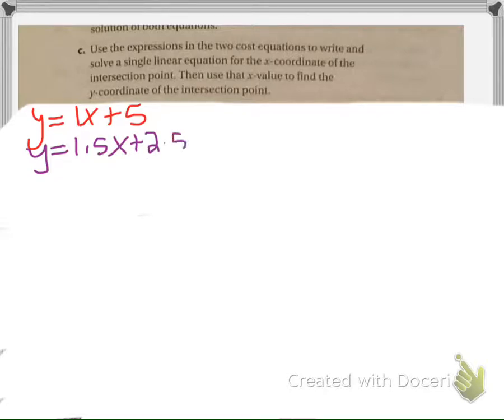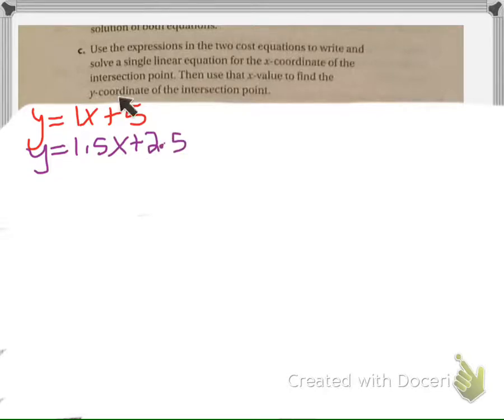Okay, C, use the expressions or the equations in the two cost equations to write and solve a single linear equation. So basically it's asking you to solve the system algebraically, and we've learned this in class, where I have my two equations, y equals 1x plus 5 and y equals 1.5x plus 2.5.